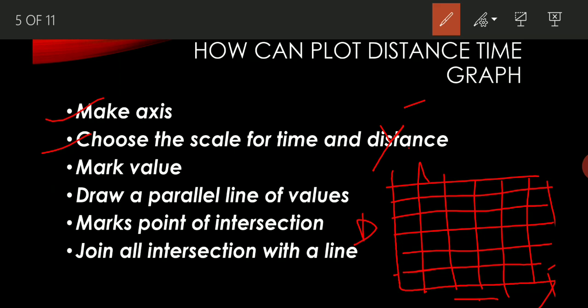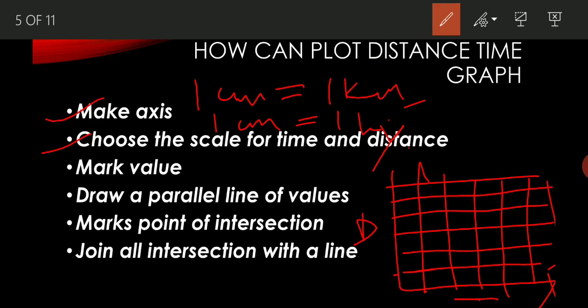Now you have to choose the scale for time and distance. So the next step, we will write here 1 centimeter on scale is equal to 1 kilometer, and 1 centimeter on scale is equal to 1 hour. This scale you have to choose.